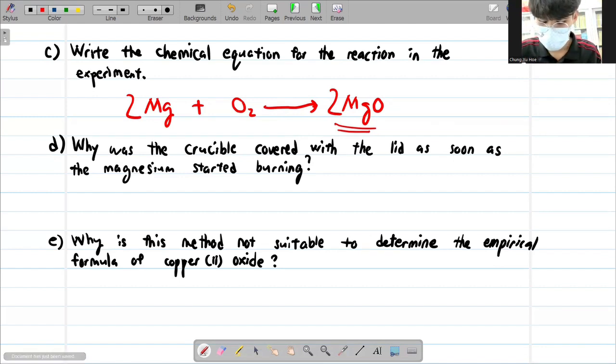So meaning, the reason we need to cover it is to prevent the white film from escaping to the surroundings.